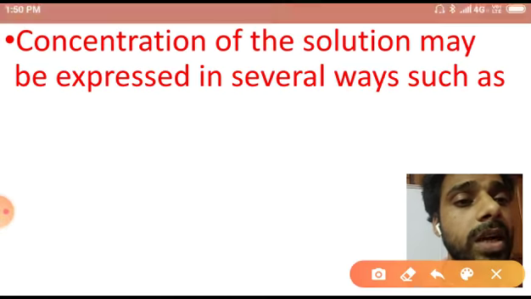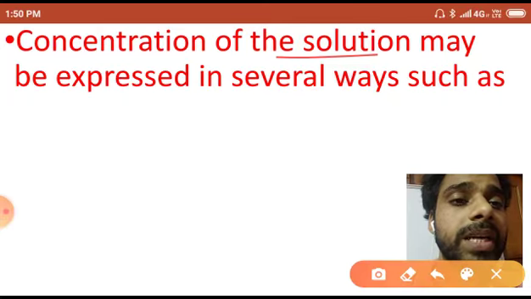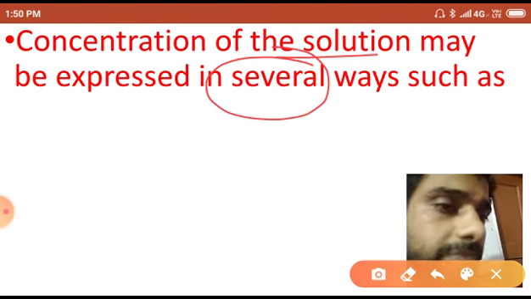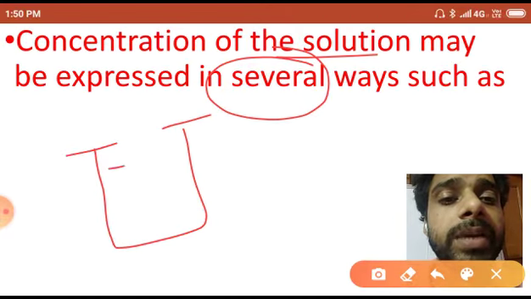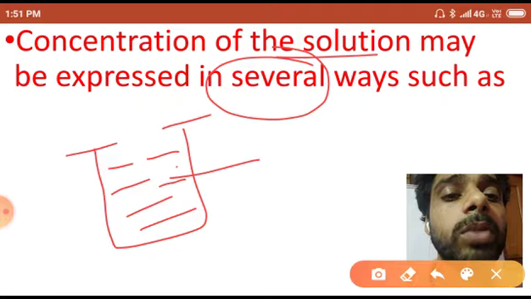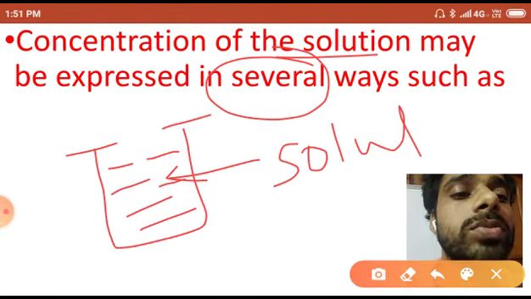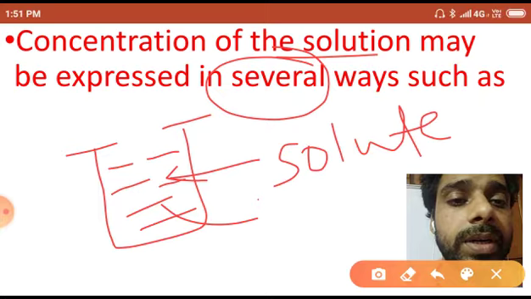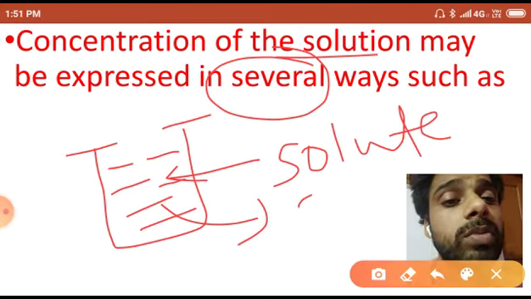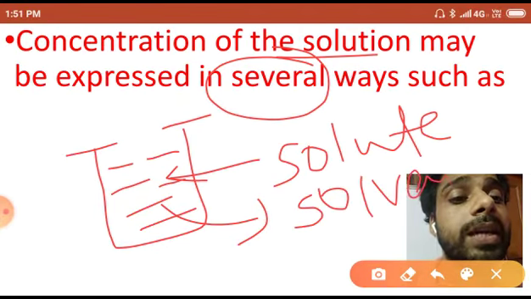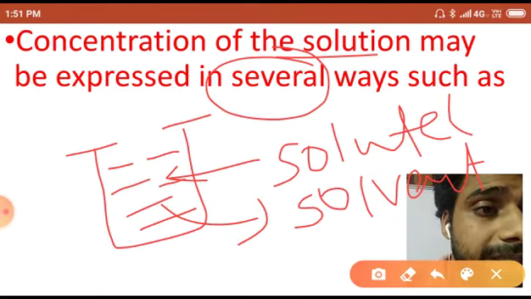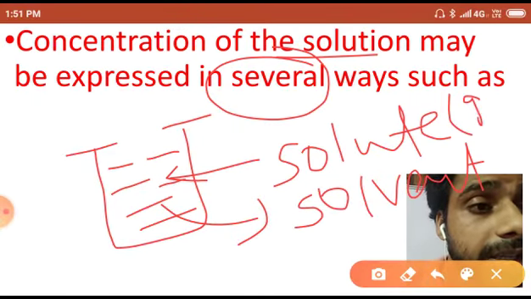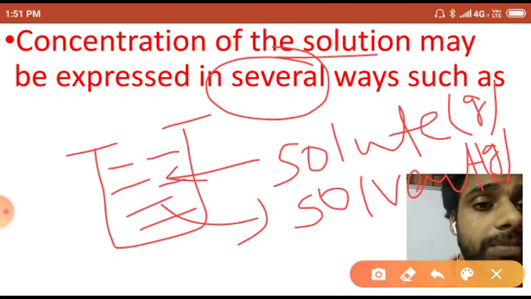Concentration of a solution can be expressed in several ways. Suppose in a beaker I have taken some amount of solute and some amount of solvent, and both are taken in the amount in grams.